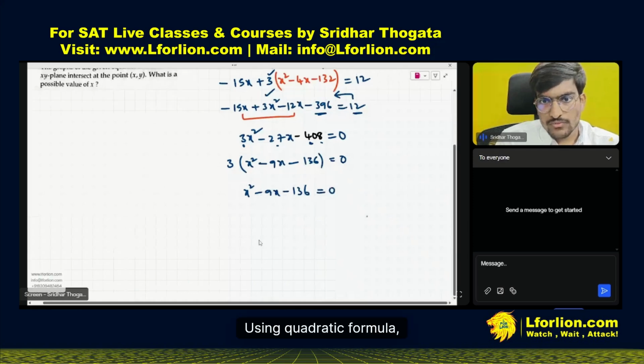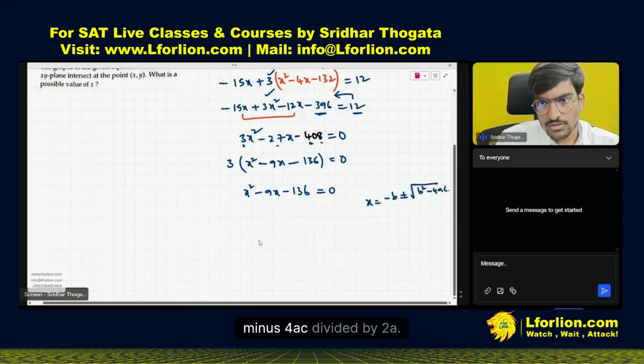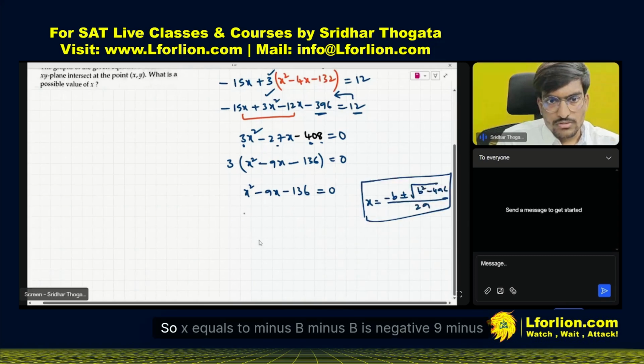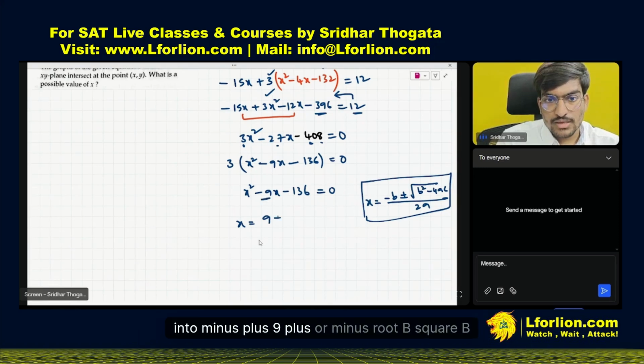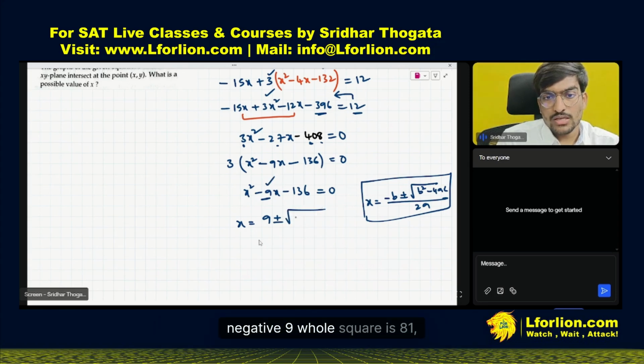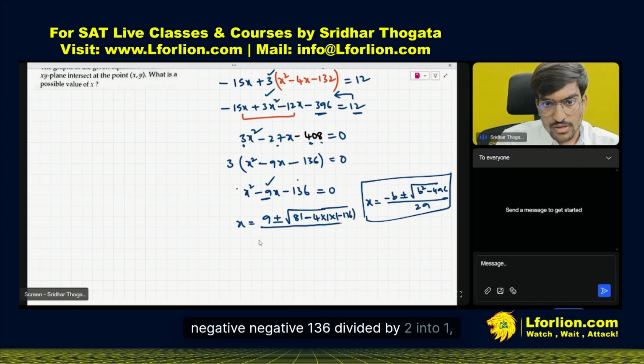Using quadratic formula, x equals minus b plus or minus root b square minus 4ac divided by 2a. So x equals minus b, which is negative 9, minus into minus plus 9, plus or minus root b square. b square is negative 9 whole square, which is 81, minus 4 into a which is 1, into negative 136, divided by 2 into 1, which is 2 itself.